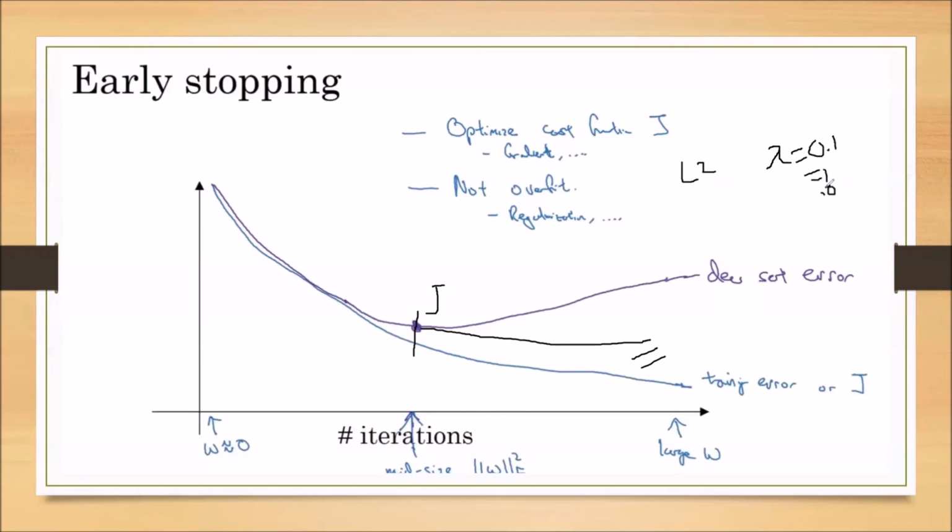We have to check for different values. After checking for different values, some value may give the best output. Then we can fix that. This will take a huge amount of time. So compared to L2 regularization, early stopping gives the solution very easily and in very quick time.